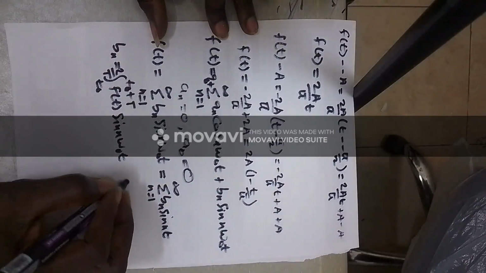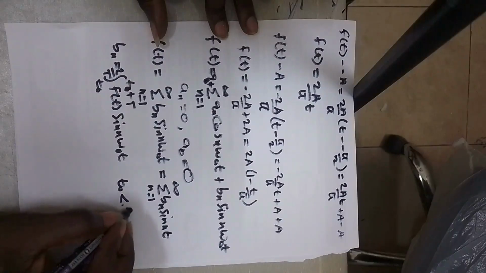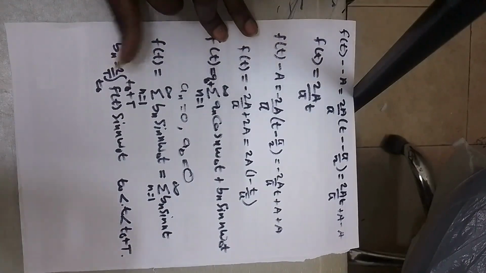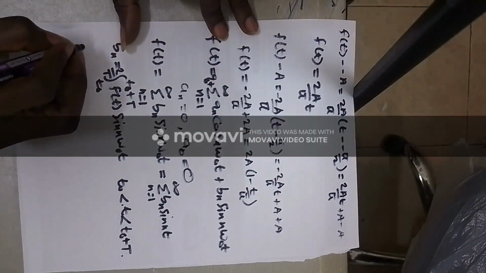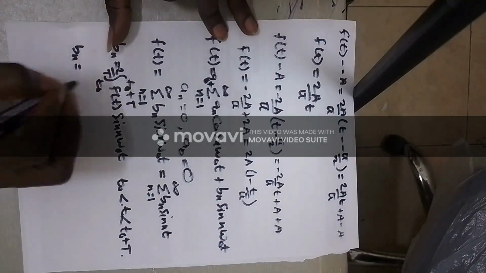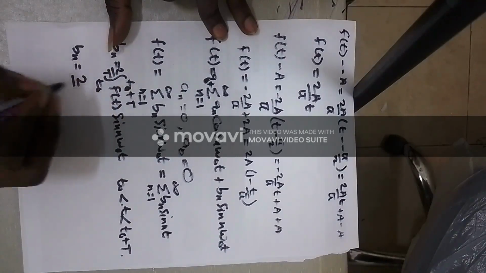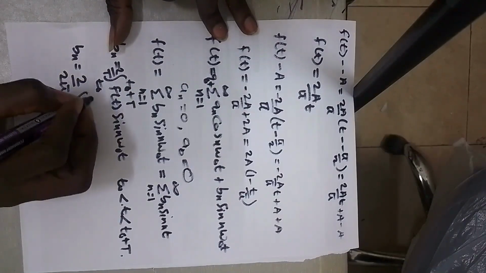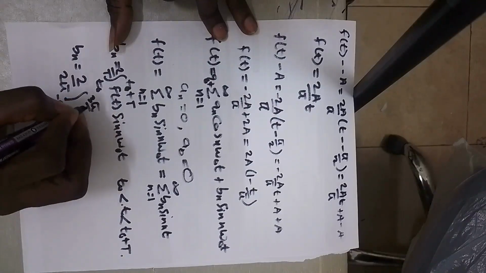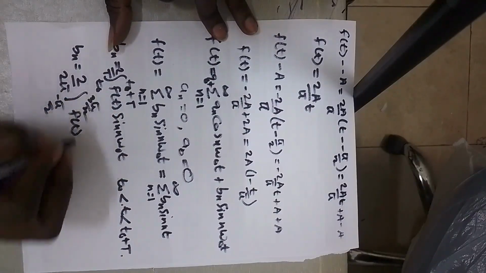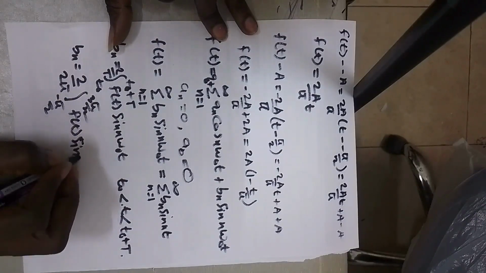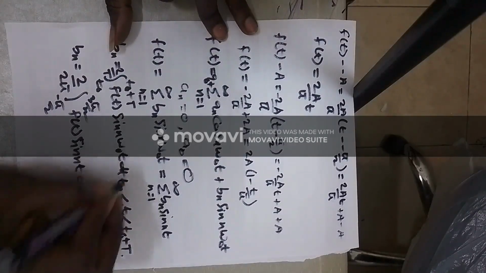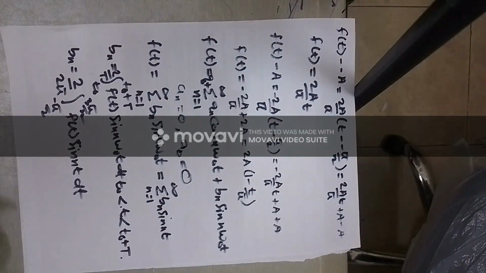This is within the range T naught to T naught plus T. So now Bn is equal to, I can bring 2 over my period, which is 2 pi, into the integral from minus pi on 2 to 3 pi on 2 of f of t into sine n omega naught t, which is sine nt, dt. Here I can bring dt here. So this is what I'm going to have.